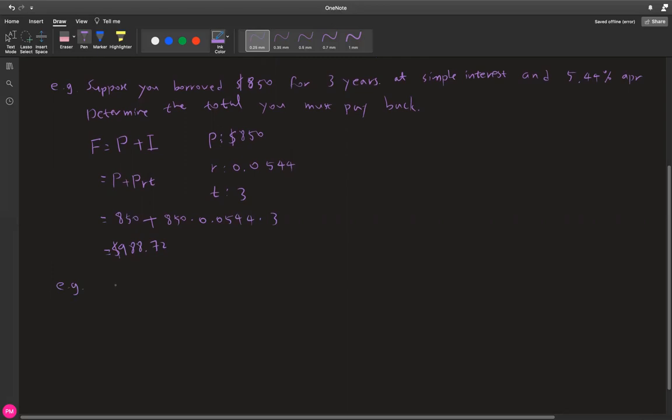Suppose you borrowed, let's say, in this case, $645, at simple interest with 6.96% APR and for 4 years.